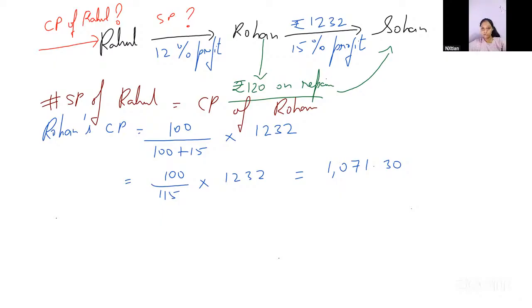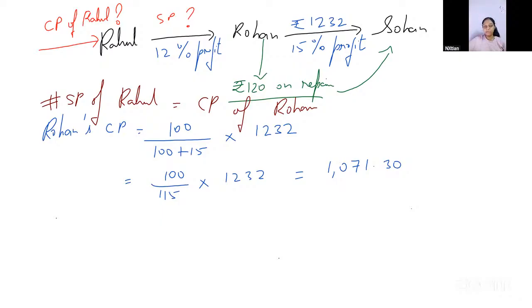You rounded it off, ma'am? Did you round it off? I think you rounded it to 1072, because it will come in decimal points.